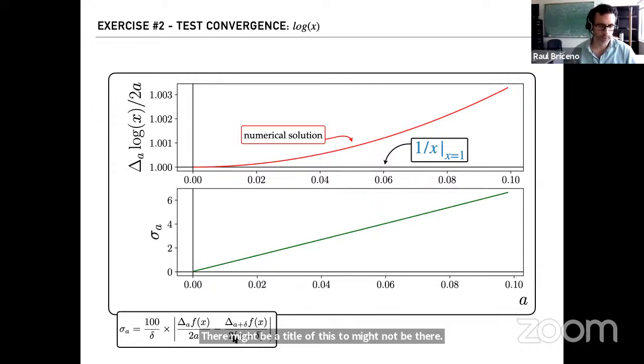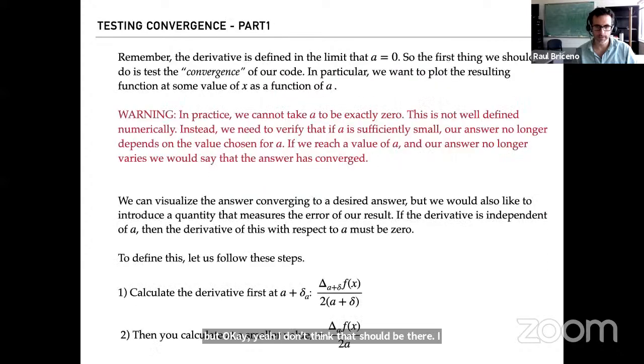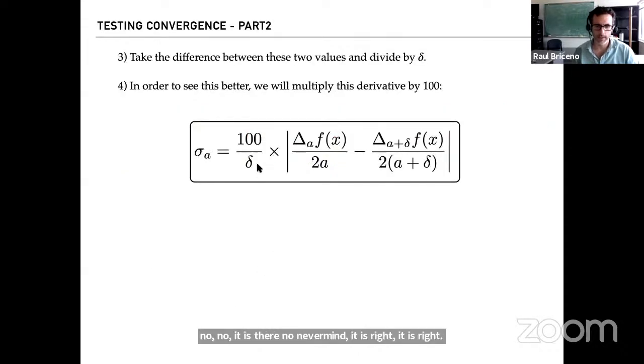Yeah, I don't think it's there. That won't change anything though, it's just going to scale everything by a factor of 2. I don't know if this propagated to my code. Wait, did I define it this way? Oh, I did define it this way. Oh, no, it is there. Never mind, it is right.